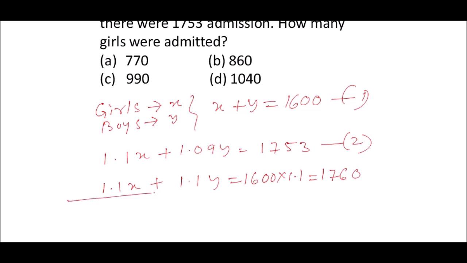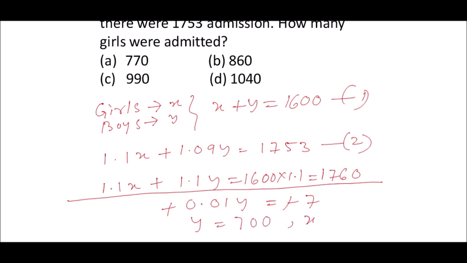And if you subtract, you will get minus 0.1y, and here you will get minus 7. Therefore, y equals 700, and then from equation number 1, x equals 900.